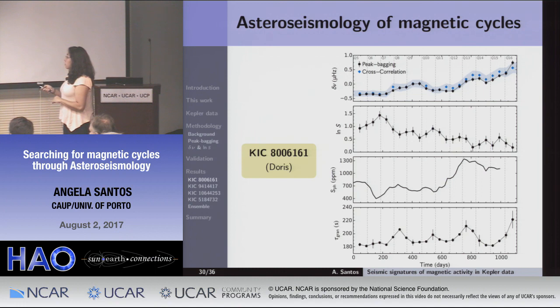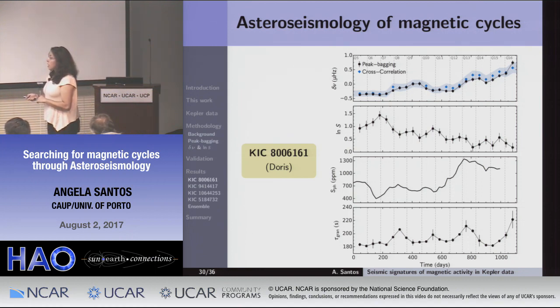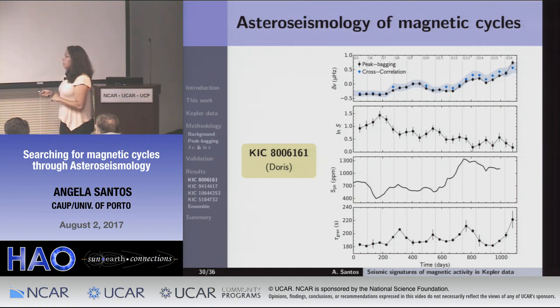And we found the frequency shifts increasing with time for the star, while the heights are decreasing, just similar to the Sun. And the SPH also seems to vary in phase with the frequency shifts. So this comparison is suggesting that these frequency shifts are activity related.